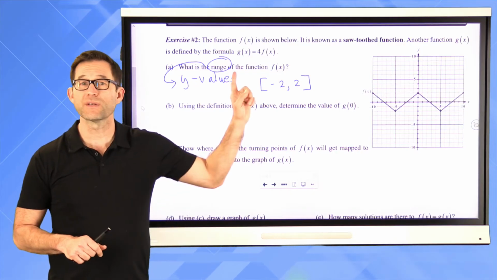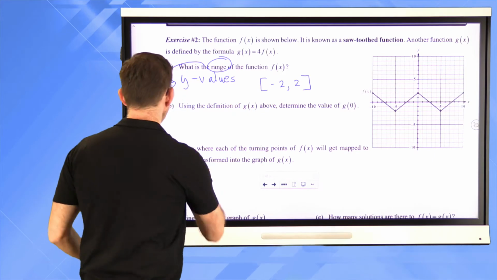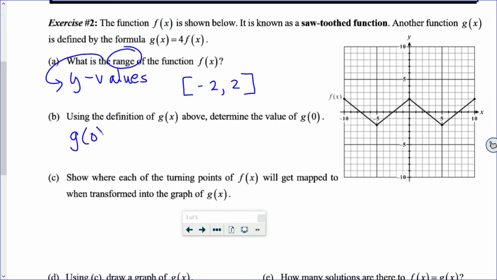All right, well, I'm just going to do function notation on this formula, right? g of 0 is 4 times f of 0. Now, what is f of 0? Well, f of 0, I come over to the graph of f of x. I see that f of 0 is equal to 2, right? The output when the input is equal to 0. So g of 0 has got to be 8, right?